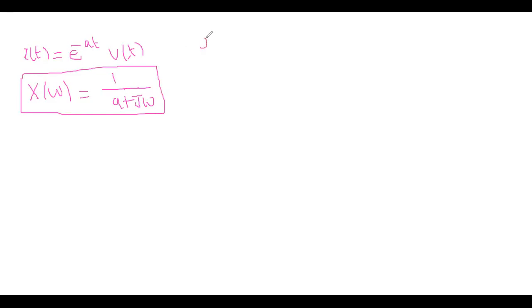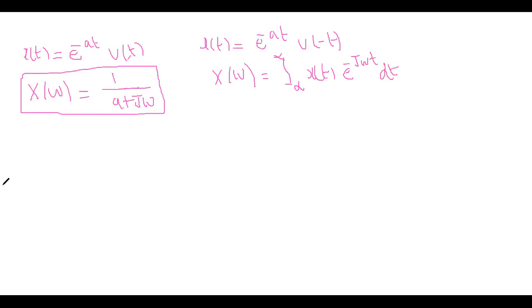Now, x of t is equal to e power minus at mu of minus t. Now let us take x of omega is equal to the integral from minus infinity to infinity of x of t e power minus j omega t dt. What is x of t?